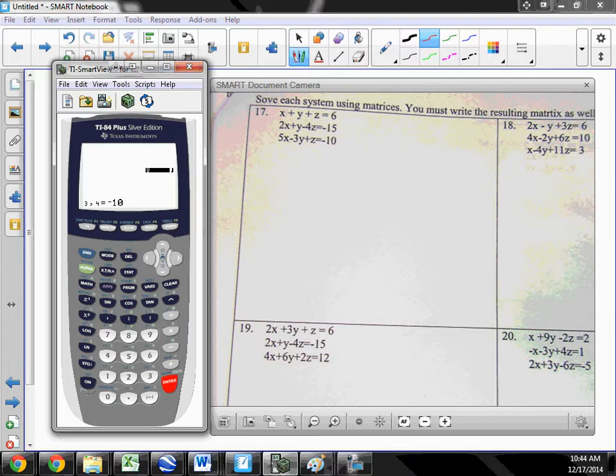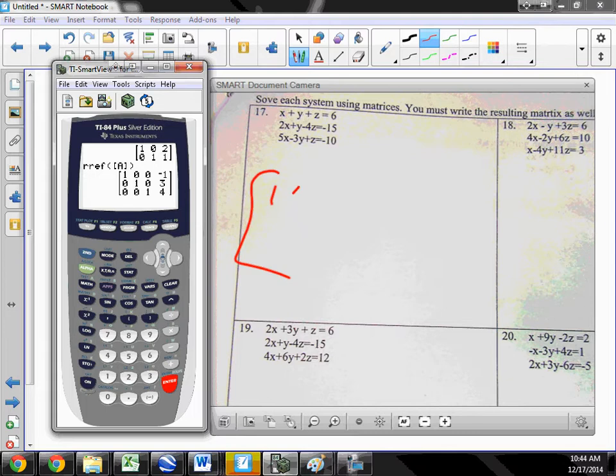Okay. Exit out. And the RREF is still going to work if I push enter, because I've changed the size of A. So now I push enter. Do I have the right pattern? Yeah, it looks a little different because now there are 3 rows, but there's a 1 in the X in the first row, a 1 in the Y in the second row, and a 1 in the Z in the third row.